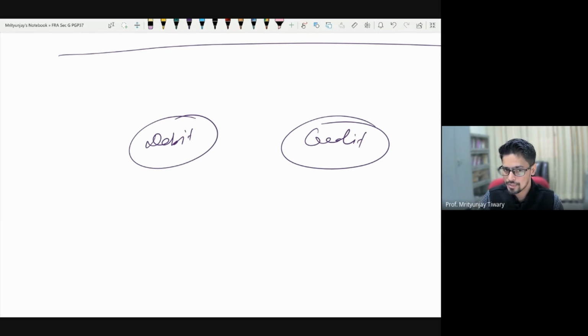So for that purpose, instead of using the words debit and credit, I'm going to use them the way they are meant to be. These are not meaningful words when it comes to accounting. These are just codes. For example, let us say I say green and yellow.